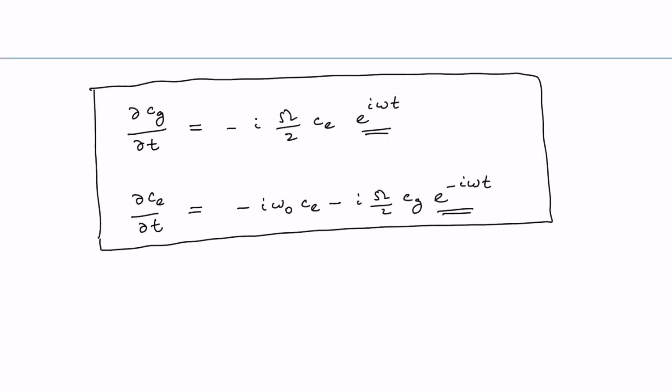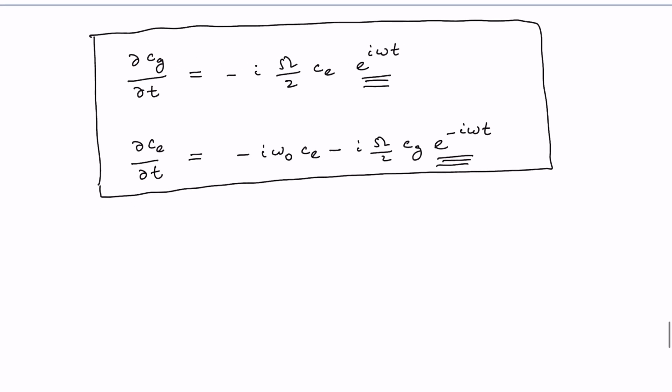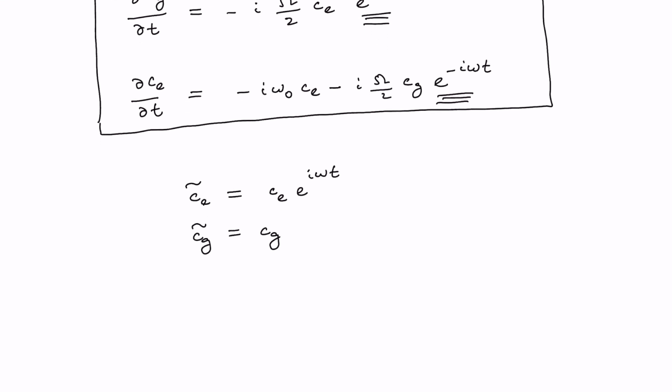Many times it is convenient to get rid of these highly oscillating terms, and this can be done by going over to a rotating frame of the laser field, by defining the slowly varying excited state amplitude Ce tilde, related to the excited state amplitude Ce as Ce tilde equal to Ce e^(iωt), and Cg tilde equal to Cg, because we have already taken the ground state energy to be zero without losing any generality.